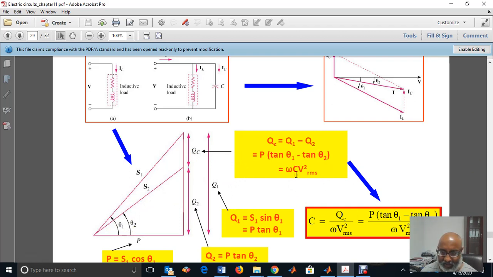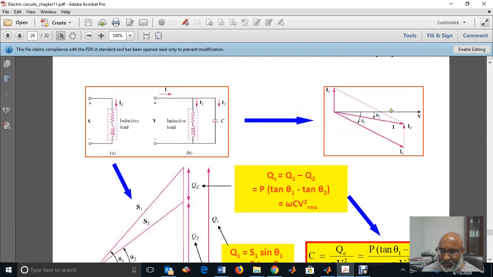So C can be easily calculated from this relation. C is QC over omega VRMS square, so C is P times (tan theta 1 minus tan theta 2) over omega VRMS square. In this way, we can calculate the value of the capacitance used to correct the power factor from theta 1 to theta 2.